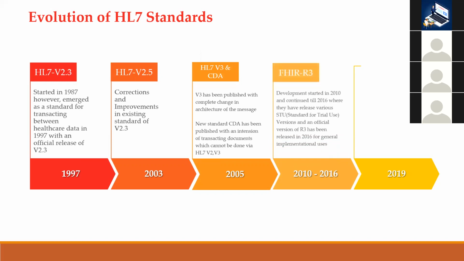And then you have HL7 FHIR R3, released between 2010 and 2016. In 2016 R3 was released, and it is called STU, which is Standard for Trial Use, which means we were evolving from 2010 to 2016 and 17 during that time frame.